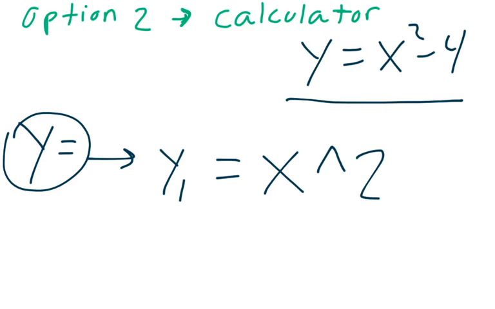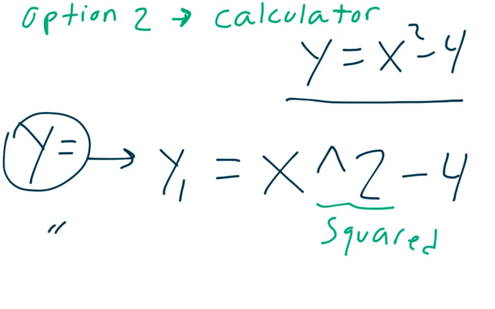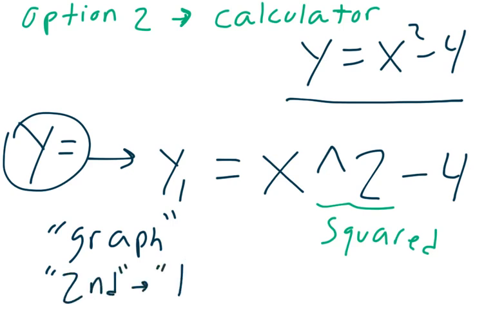This part right here means squared, right? Power of 2. And then you can press the graph button, and you'll see the graph. You can also press second table, and you can see your entire table of values. So you can see everything, you have the table done for you.